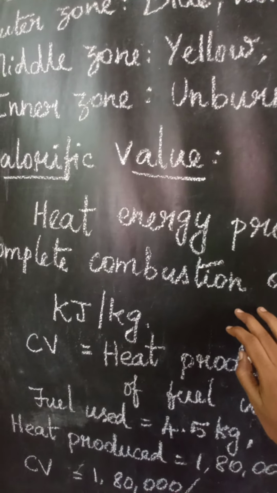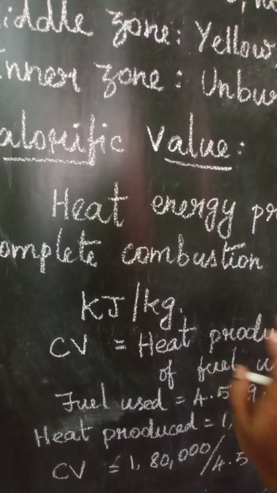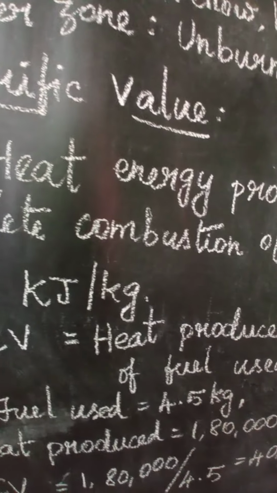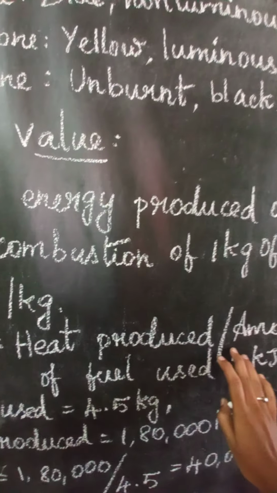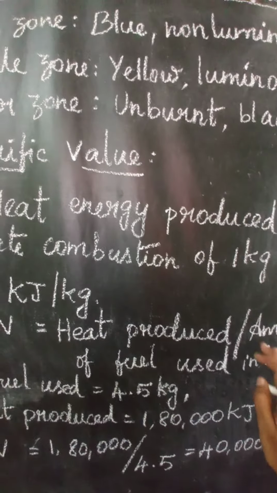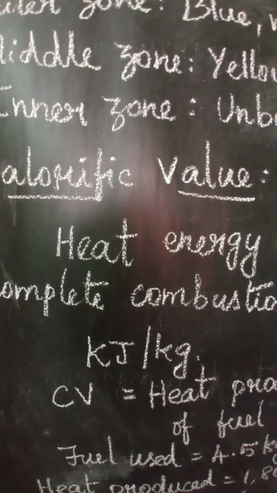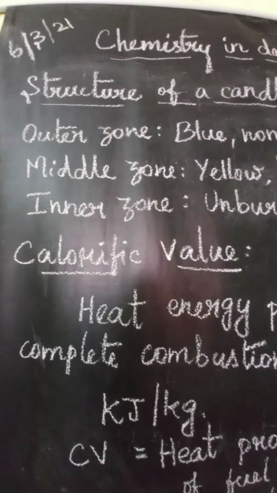That is called its calorific value. The unit is kilojoule per kilogram. And the formula for calorific value is heat produced divided by amount of fuel used, in kilojoule per kilogram. By using this formula we can find the calorific value. Okay.